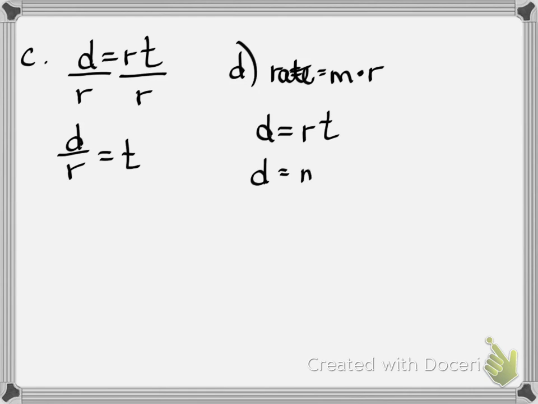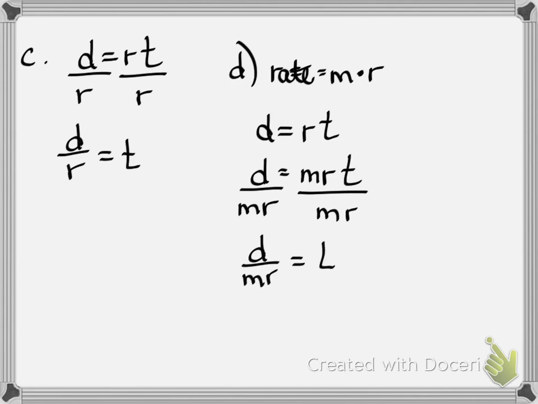Distance is now M times the rate times the time. So they're trying to get us to get the T by itself. So I think the purpose of this section is just to help you to really solidify this DIRT formula. Distance is rate times time. So it's a really handy formula that relates the speed, the miles per hour, with the miles and with the time.